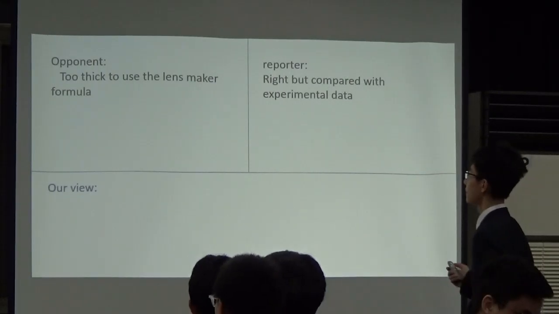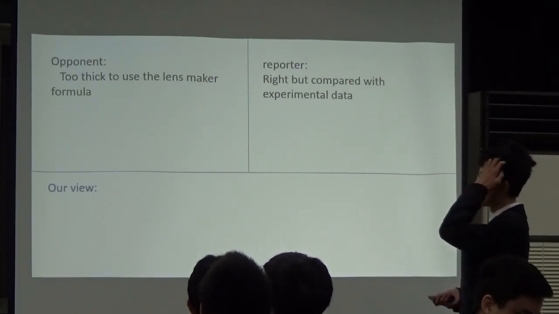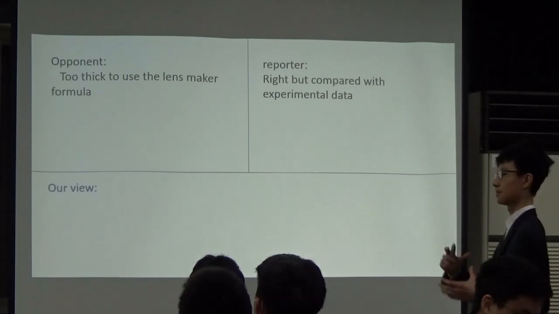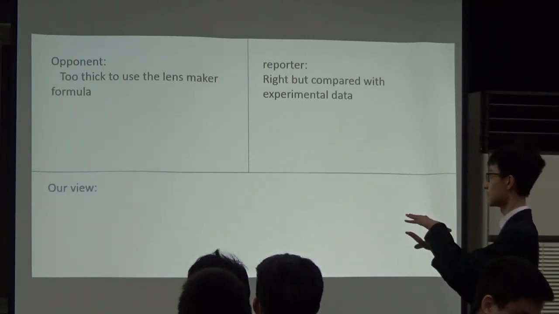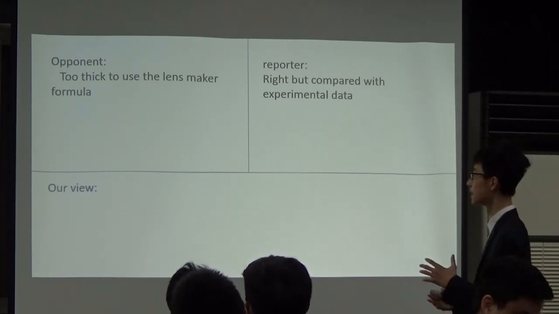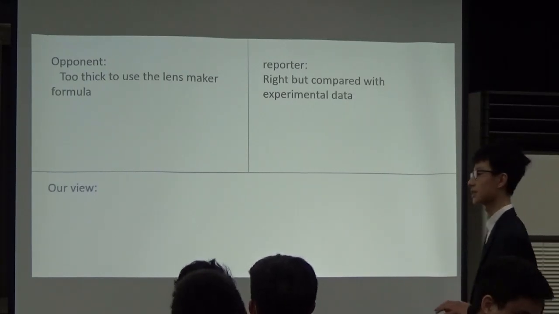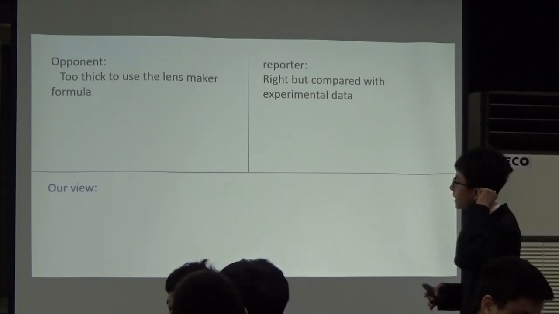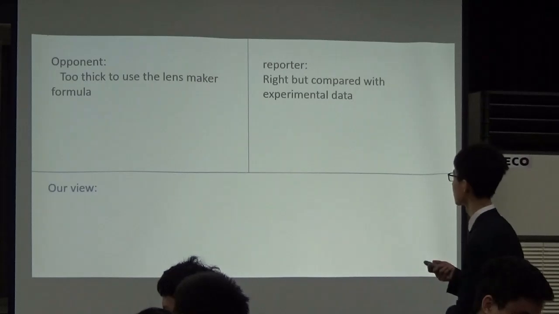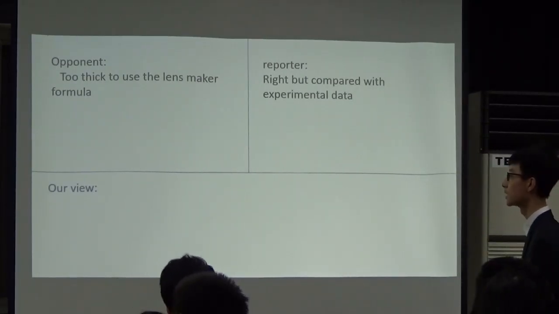For opponents, they think the droplet is too thick to use the lens maker formula. The reporters say it's right, but they compare the spherical data with the experimental data.